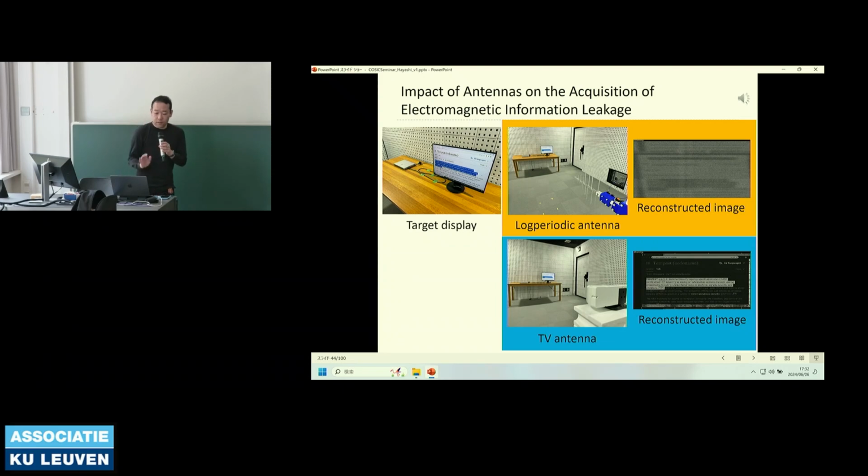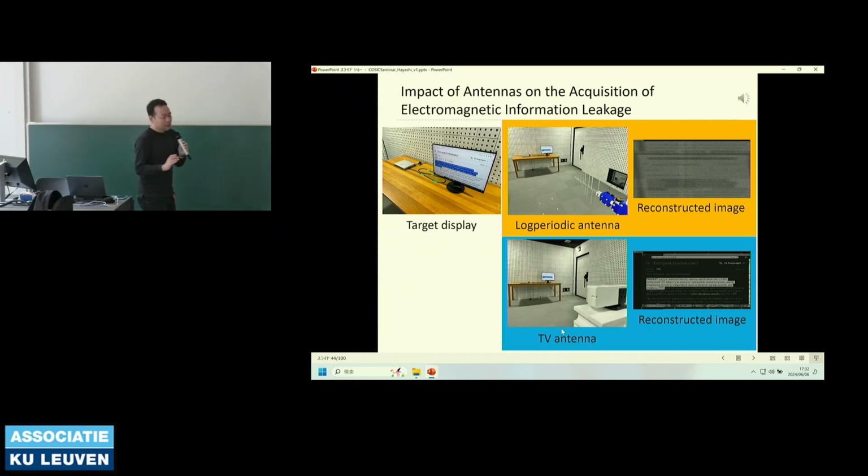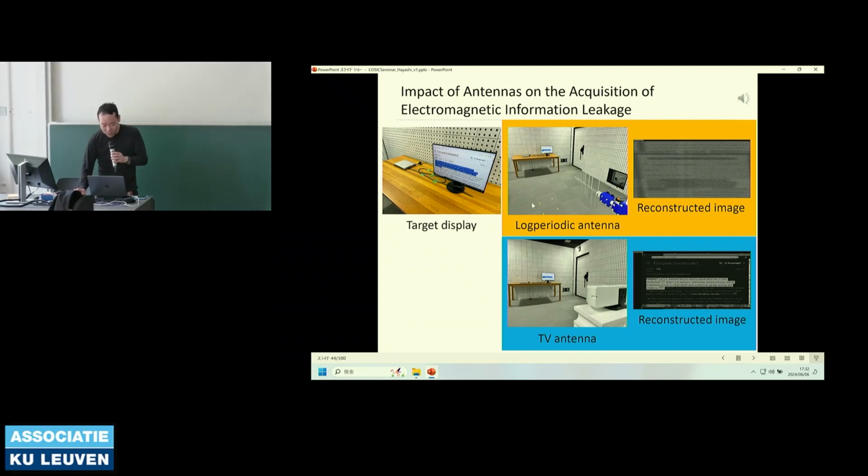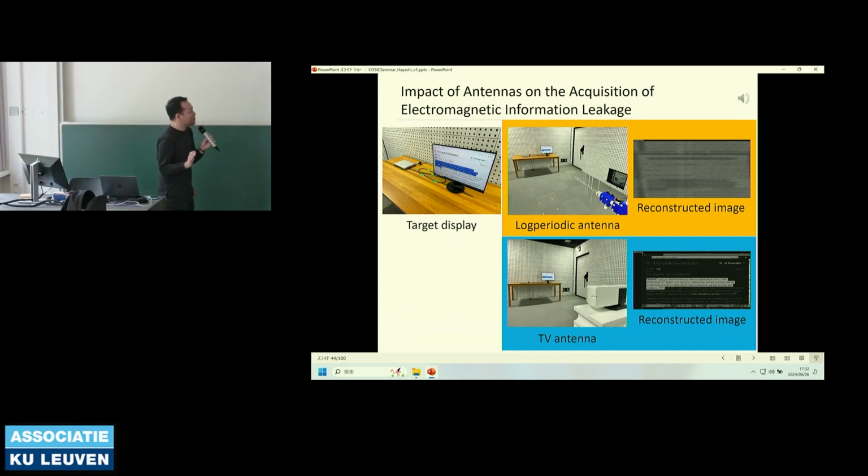Next, the impact of the antenna is also important. These are two antennas: a log periodic antenna and a TV antenna. This TV antenna is very, very cheap, but this log periodic antenna is very, very expensive.